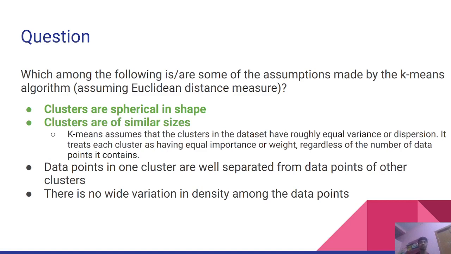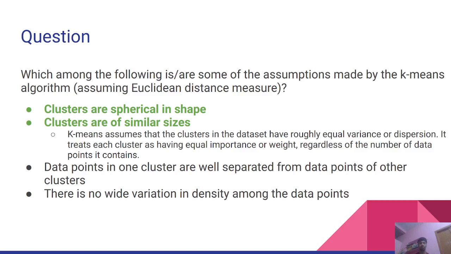In K-means clustering, when you are clustering the data points, we are assuming that they have similar variance and similar dispersion. We treat each cluster equally. It doesn't matter if one cluster has 100 points or another has only 5 points, we are treating them equally. The basic assumption is that they are equally important. So this is another assumption, that roughly all the clusters are of similar sizes.